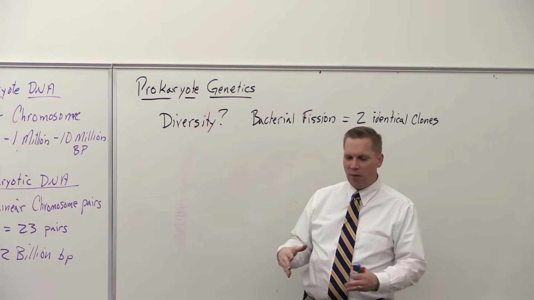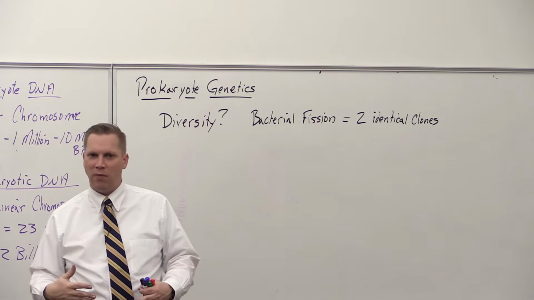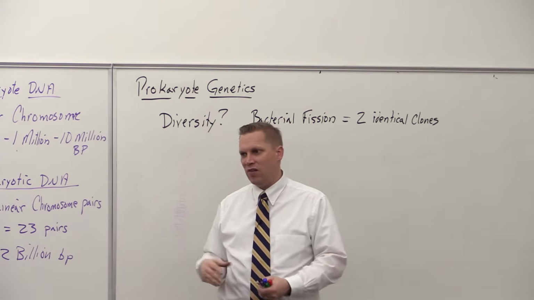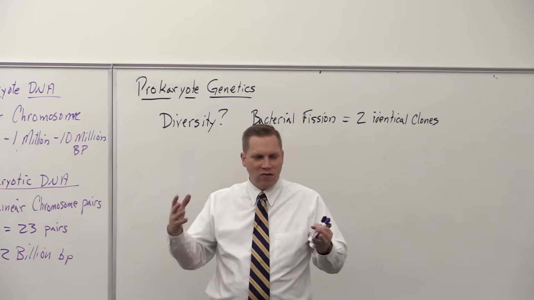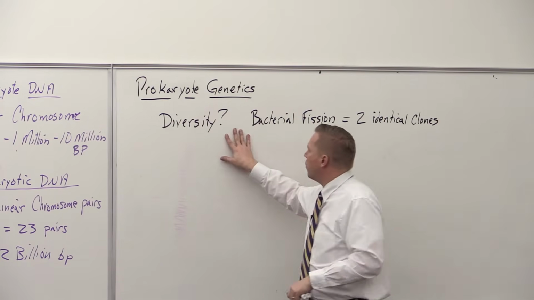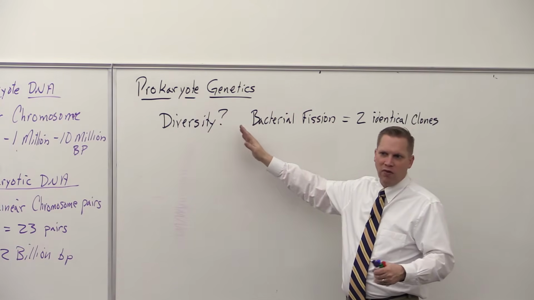In a given environment, some genetic combinations might be deleterious or disadvantageous, but some are going to be advantageous. And therefore, it always allows life to survive in different environments or situations. And so prokaryotes have this kind of challenge of how do you gain diversity?